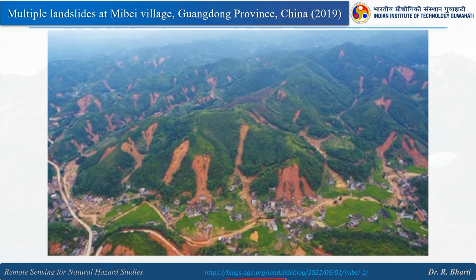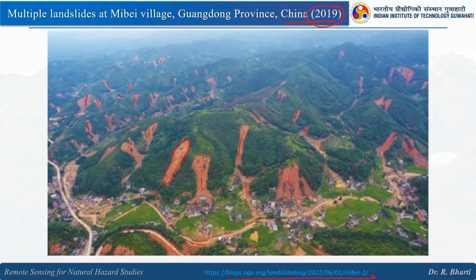So, this is the address, and this is showing multiple landslides from China that occurred in 2019 because of the heavy rainfall. So, you can see how many landslides are present in this particular area, right.